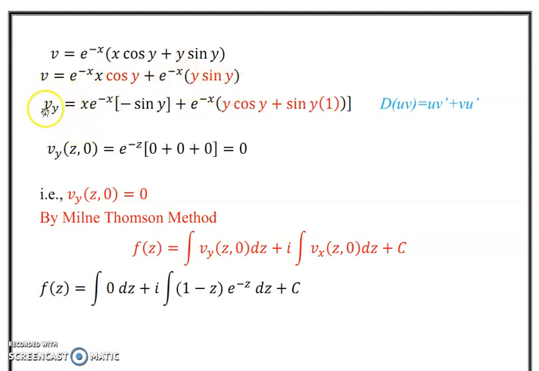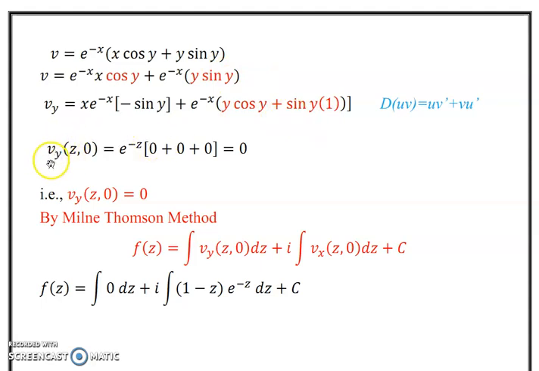Then take the derivative with respect to y. By using the uv method, we get vy equal to x e power minus x, then cos y, you differentiate means minus sin y. Then e power minus x, you differentiate y sin y. By using the uv method, you got y cos y plus sin y.